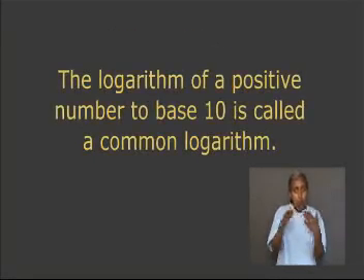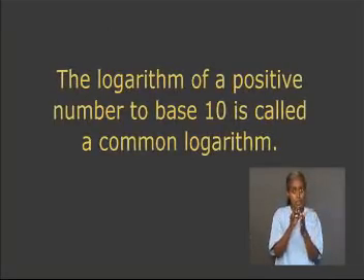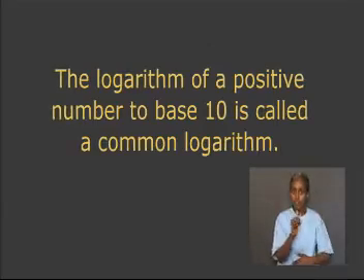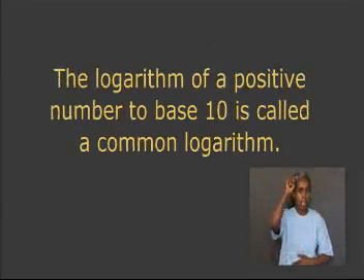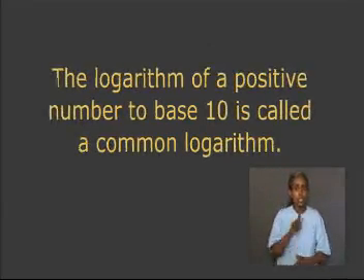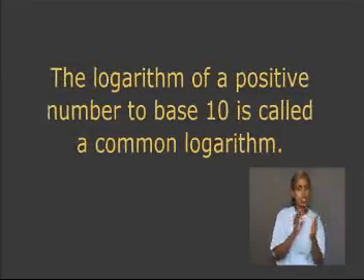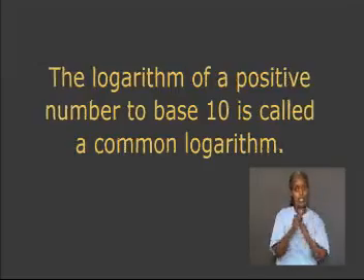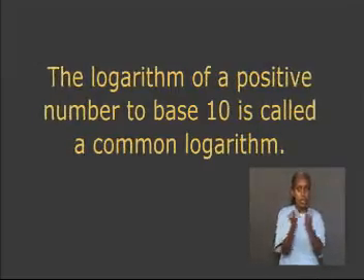All positive numbers can be written in the form of 10 to the power of n. The logarithm of a positive number to the base 10 is called a common logarithm. One important use for common logarithms is simplifying numerical computations.